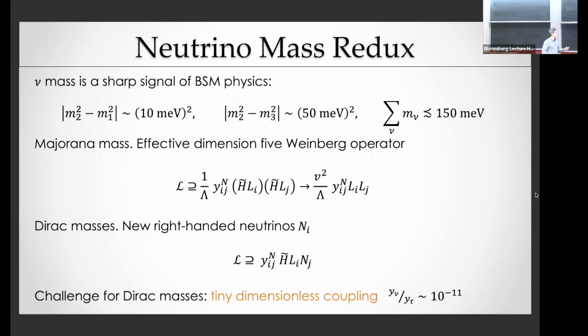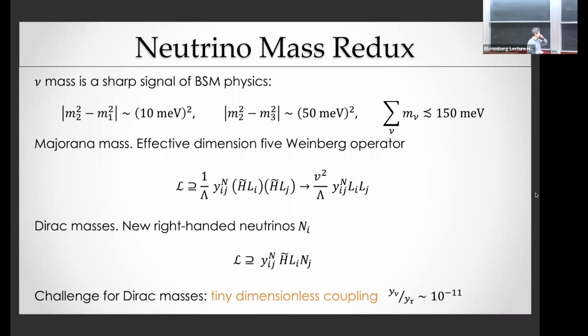Now we have a challenge: a new tiny dimensionless coupling in our problem. The ratio of, say, Y nu to Y tau is like 10 to the minus 11. That's a number, like many other numbers in particle physics, that we would like to explain somehow.